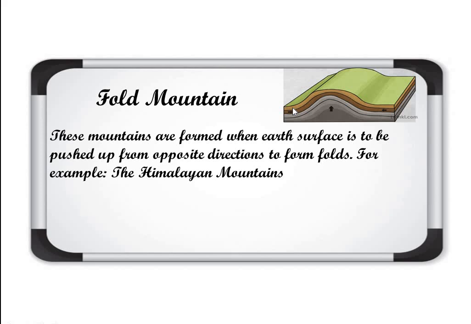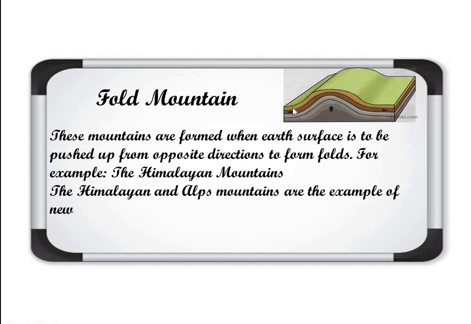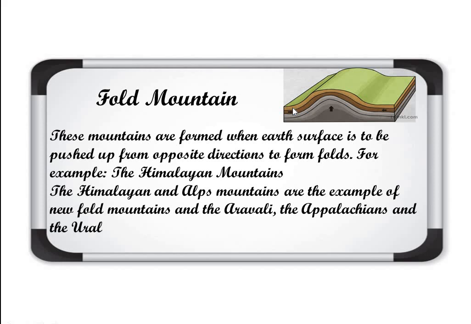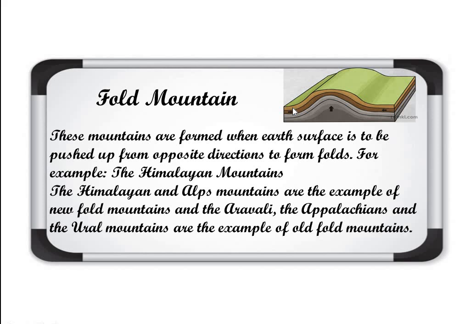And how can they be identified? By the shape. They are basically rounded in shape. The Himalayan and the Alps mountains are the examples of new fold mountains, and the Aravalli in India, the Appalachian in North America, and the Ural mountains in Russia are the examples of old fold mountains.